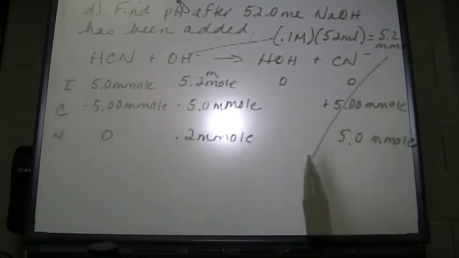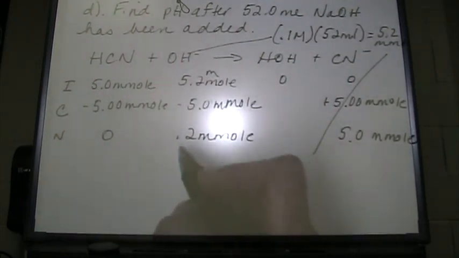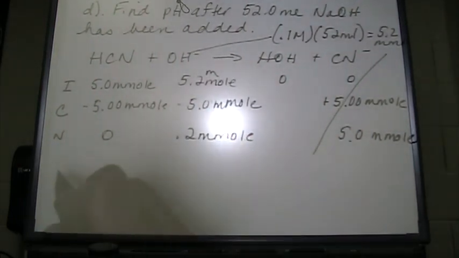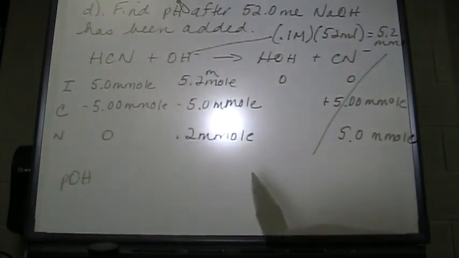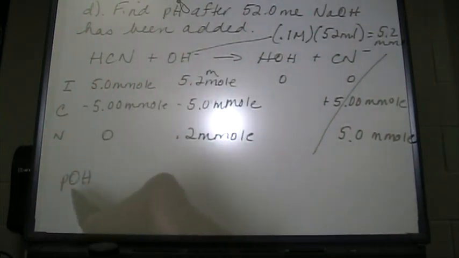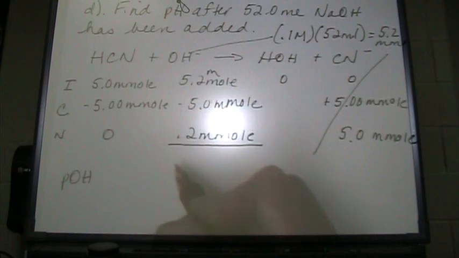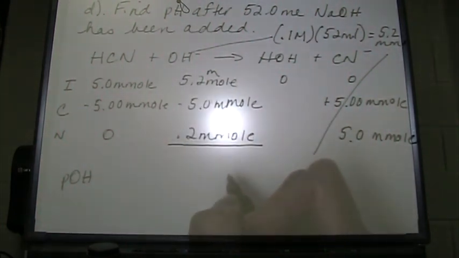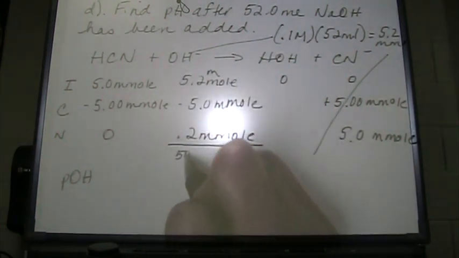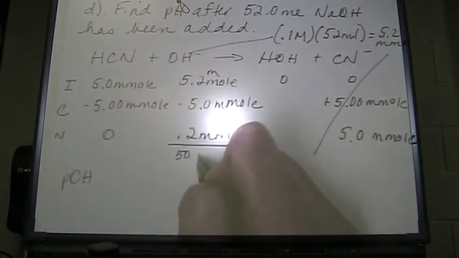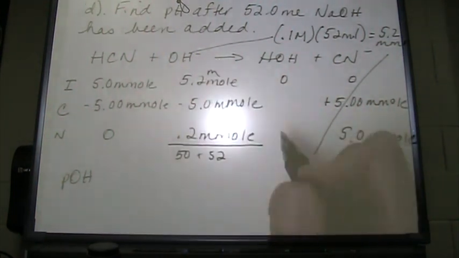Now, for this, you are able to just figure out the pOH. The pOH is the negative log of the hydroxide ion concentration. So you must find the concentration of the OH in excess, and that's over the total volume, the 50 mLs from the acid and the 52 mLs from the base.